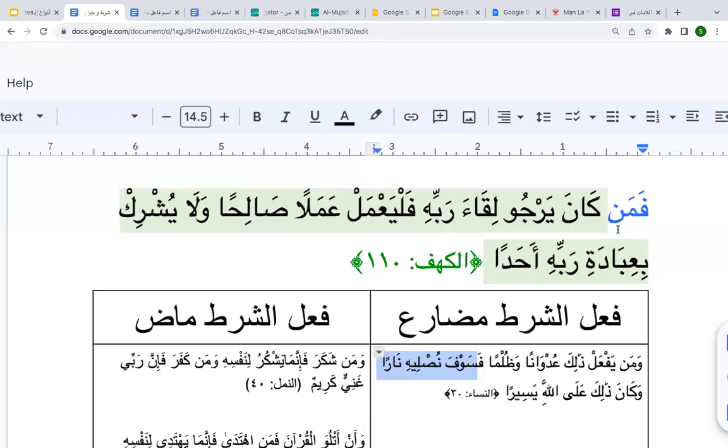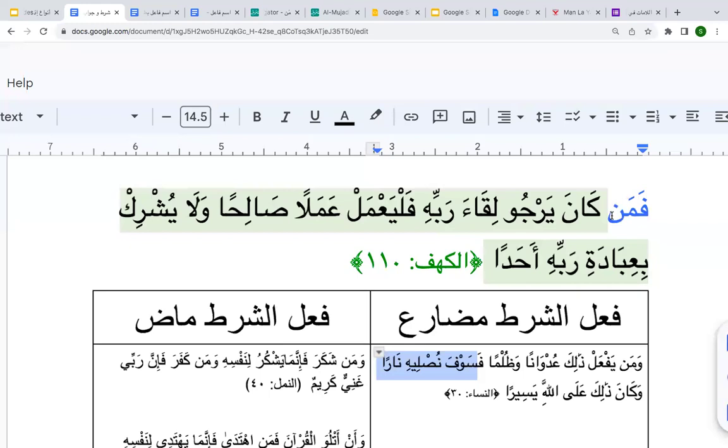Here, faman kana yarju liqa'a rabbihi. If I asked you the status of kana, what is the status of kana? Just the status of kana, considering man. So I'm seeing two answers now. I'm asking just the status of kana.